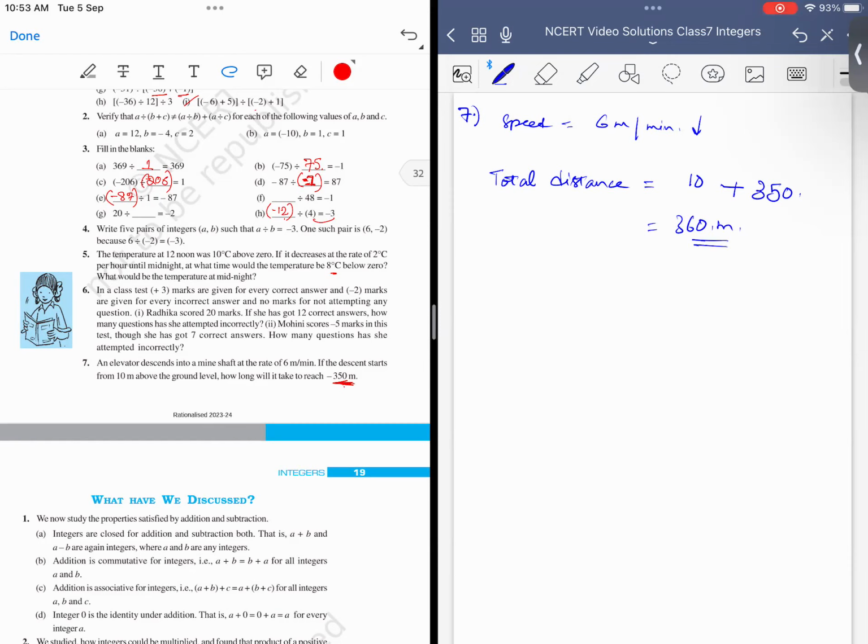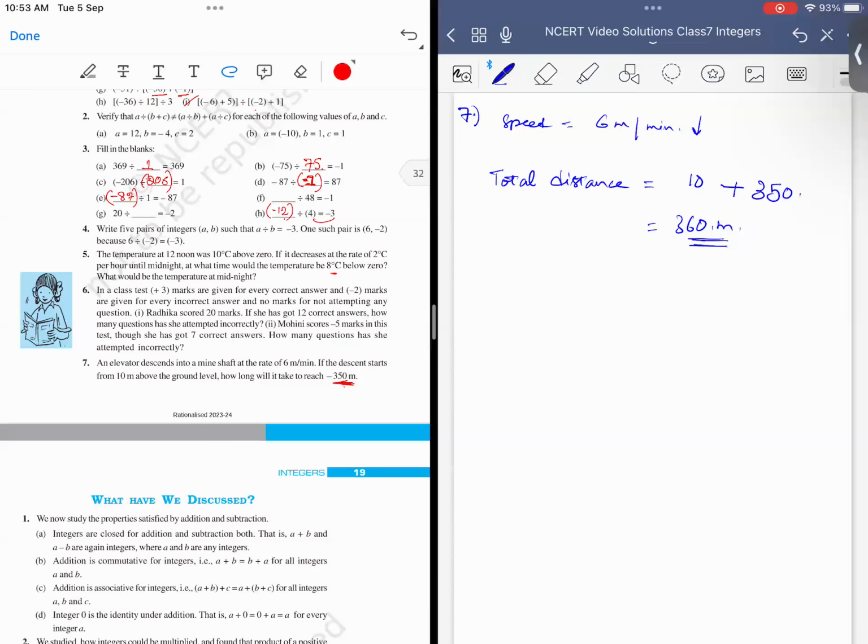It is going deep inside the ground, so it is showing the direction. We know that below sea level, distances are negative, and above sea level they are positive. So minus 350 is just telling us the direction. The total actual distance this lift has to cover is 360 meters.